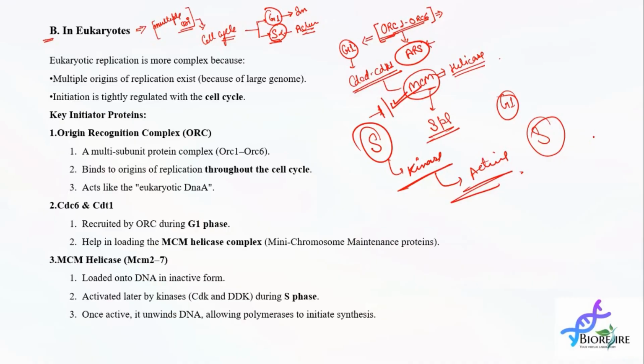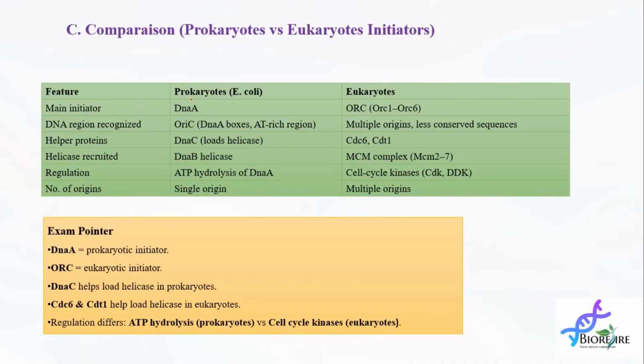Now, what are the key differences? In prokaryotes, the main initiator protein is DnaA; here in eukaryotes it is ORC. Here the DNA region recognition is by ORC. The helper protein is DnaC in prokaryotes; here the helper proteins are CDC6 or CDT1. The helicase recruited is DnaB helicase in prokaryotes; here it is the MCM complex.